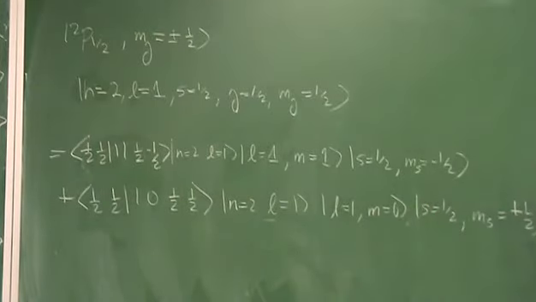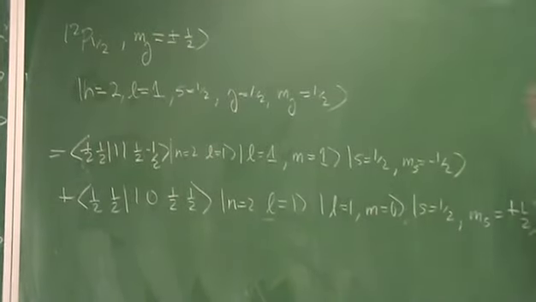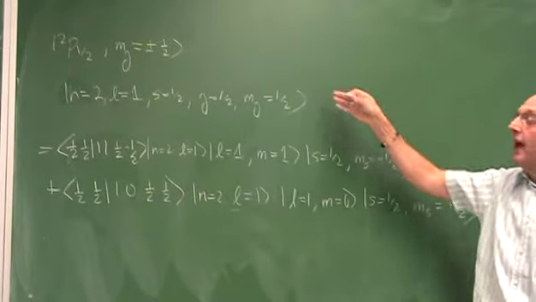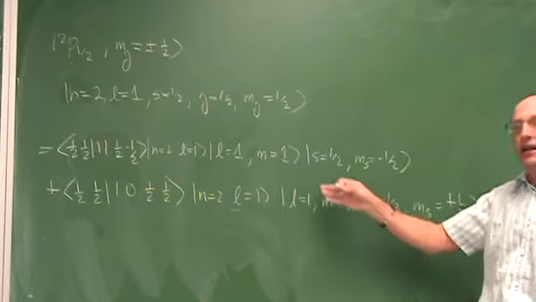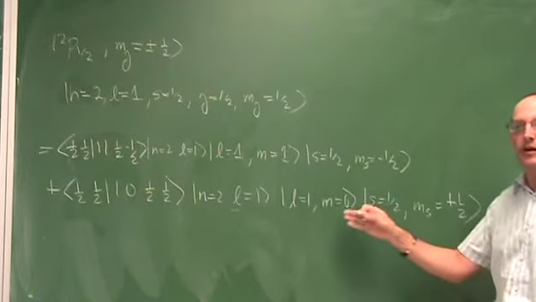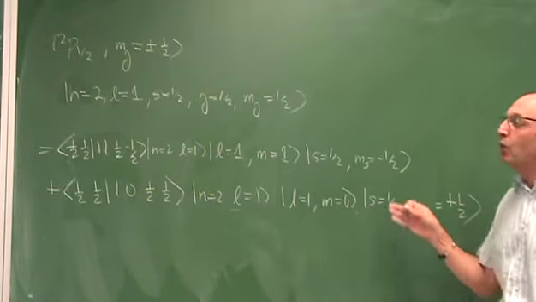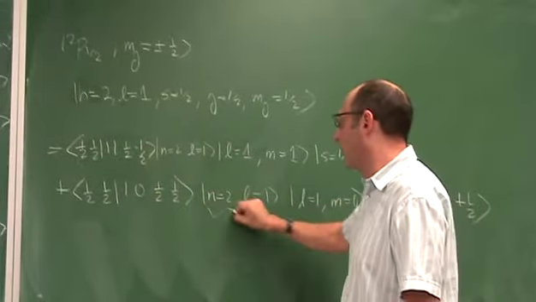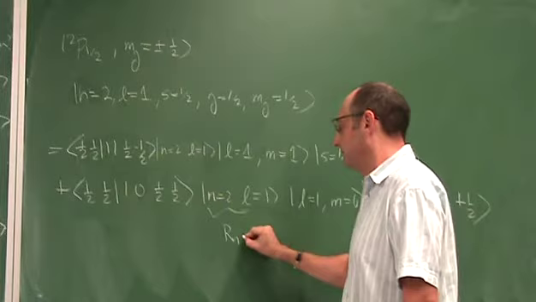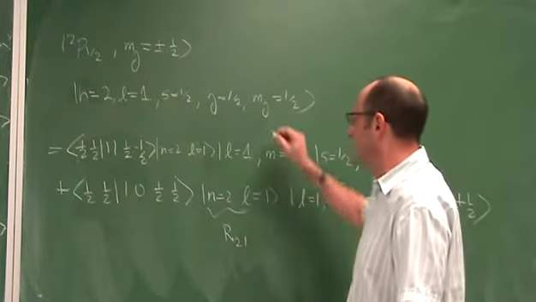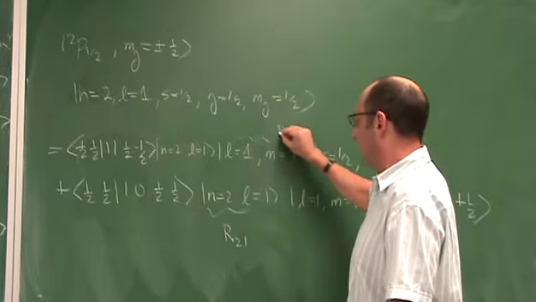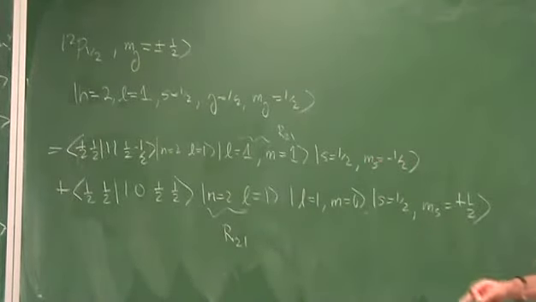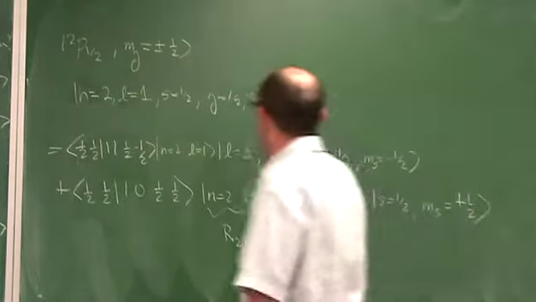Okay, so what have I done? What I have done is I've taken the coupled representation and decomposed it into the product basis of orbit and spin, weighted by Clebsch-Gordan coefficients. These here are the radial wave functions, which are the same in this case, because L equals 1.